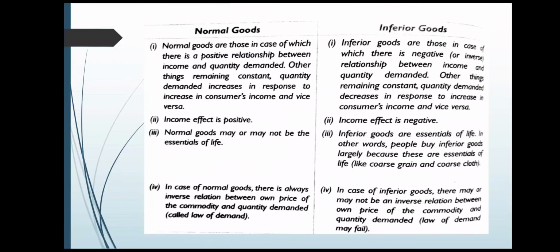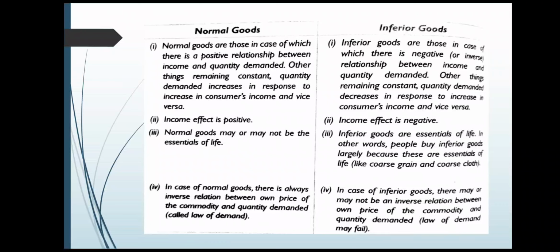Now this is the difference between normal goods and inferior goods. Normal goods are those in case of which there is a positive relationship between income and quantity demanded. Other things remaining constant, quantity demanded increases in response to an increase in income and vice versa, and this is what we just saw. There is a direct relationship.